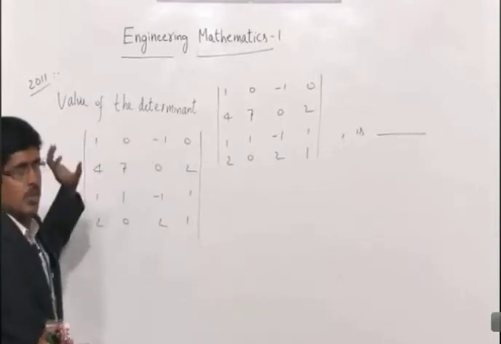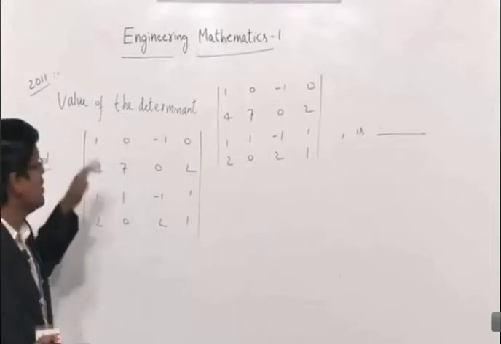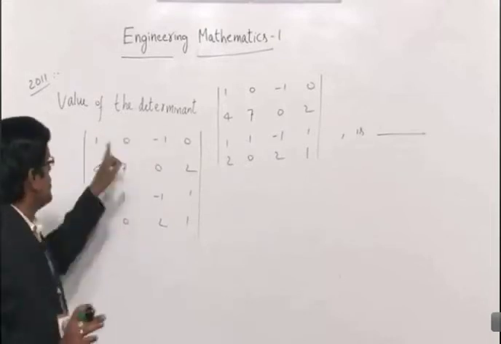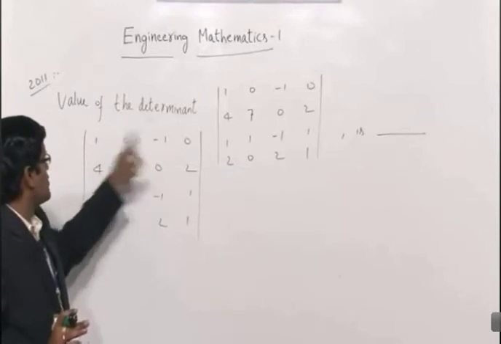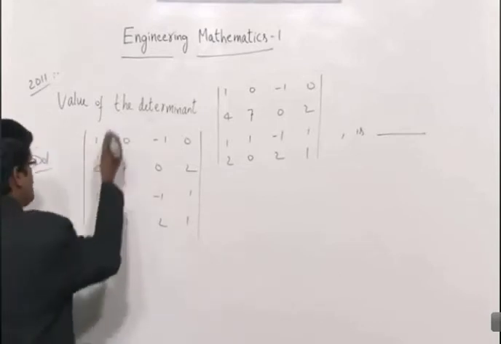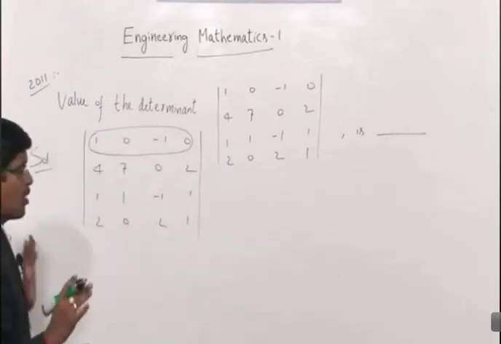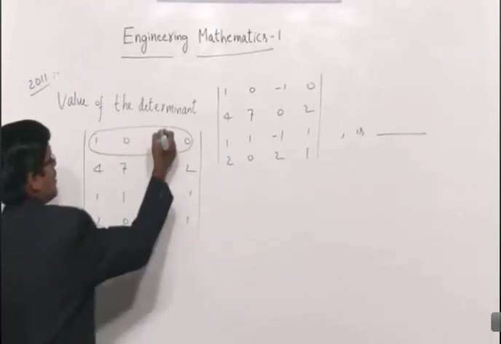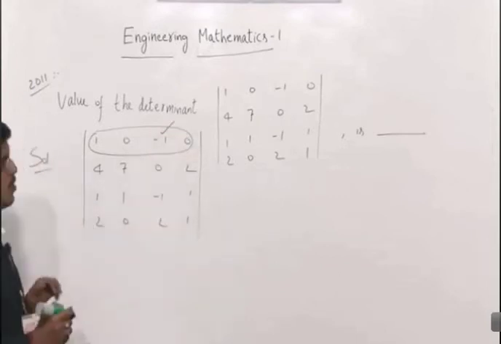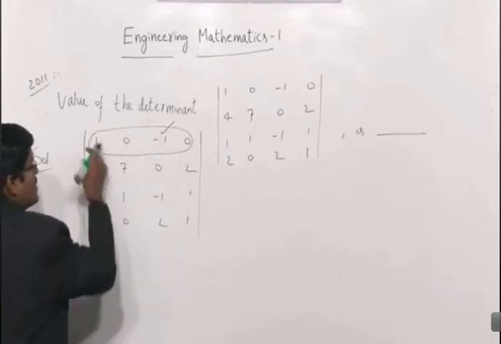So I am selecting the first row, and expanding the determinant by definition. Here I want to make either this one or this one 0 using row or column operations. So I selected this row. Now I want to make this minus 1 into 0 with the help of this one using column or row operations.